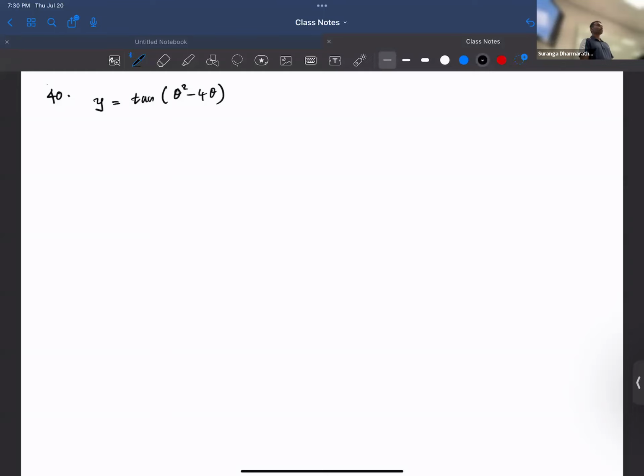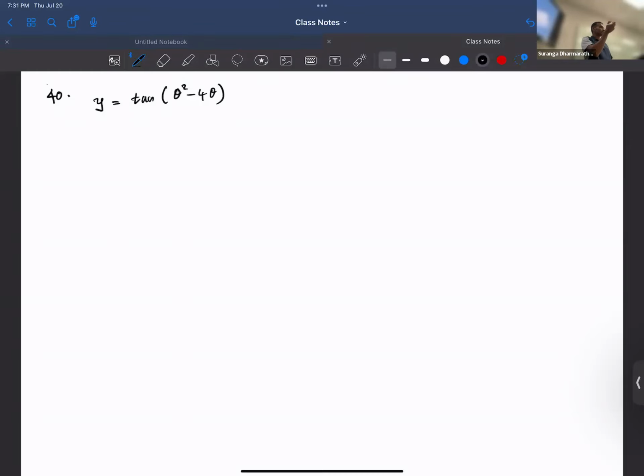Take theta out. Can you identify the composite function inside of that? Yeah, what is the composite function called? Conan. Right. Theta squared minus 4 theta, right? Because it's embedded inside the function of tangent.